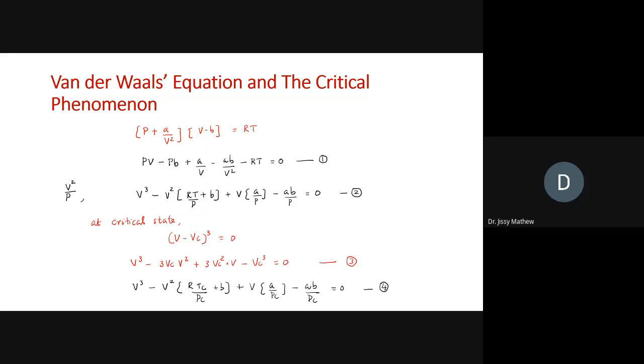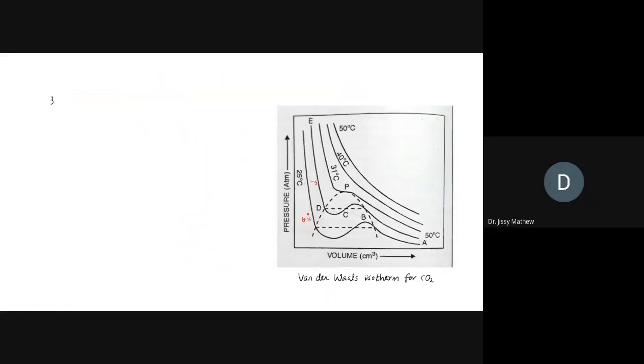If we equate equations 3 and 4 by equating coefficients, the coefficient of V² in equation 4 is RTc/Pc + b, and in equation 3 it is 3Vc. So we can write 3Vc = b + RTc/Pc.